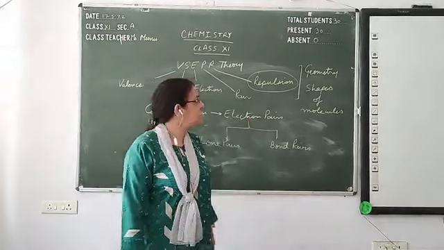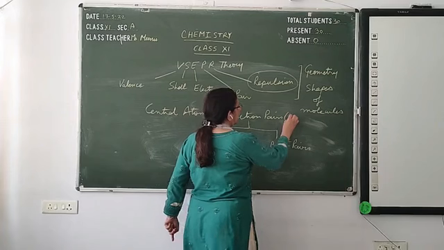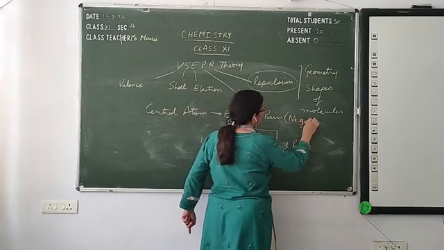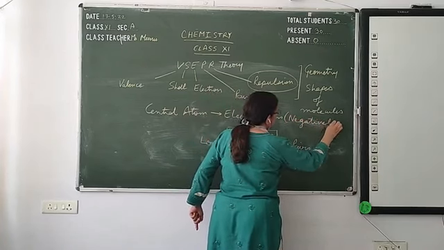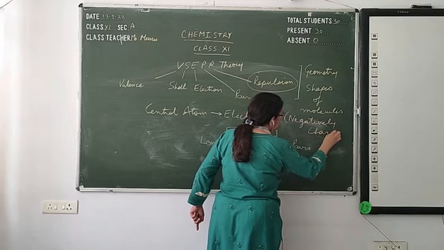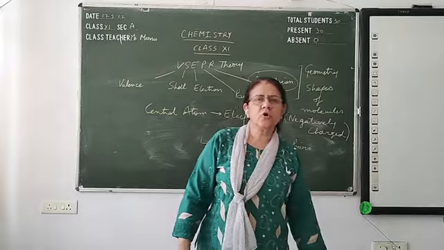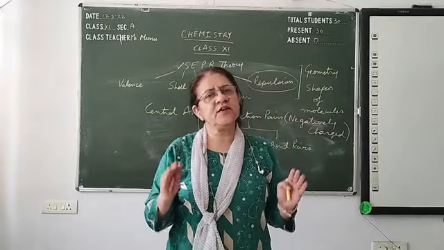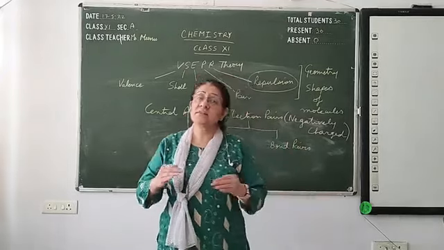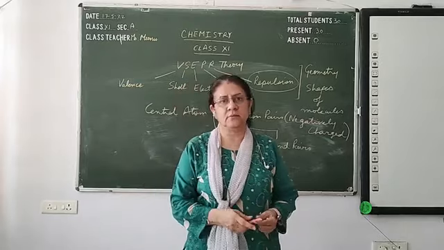Why will they repel each other? Because all the electron pairs are negatively charged, isn't it? So, the electron pairs which are negatively charged, they will repel each other.